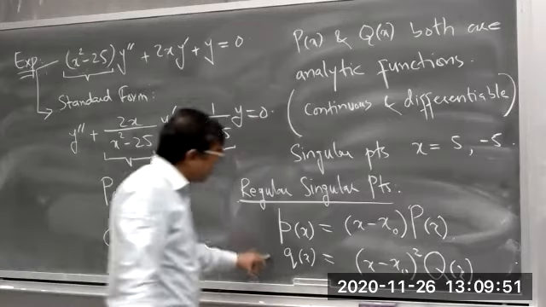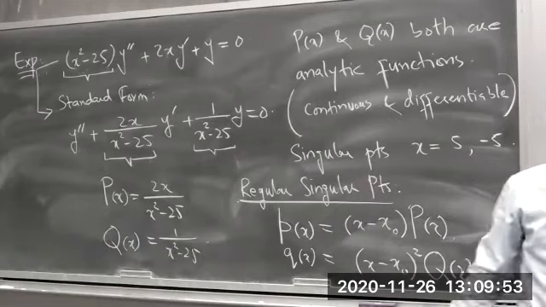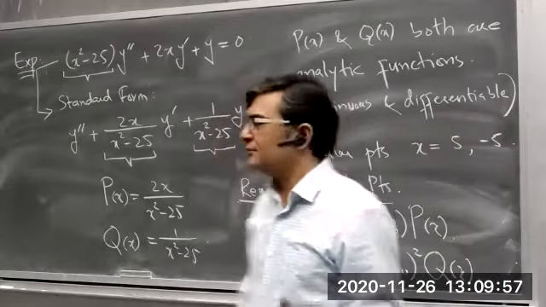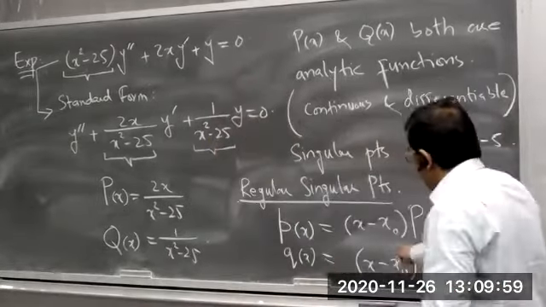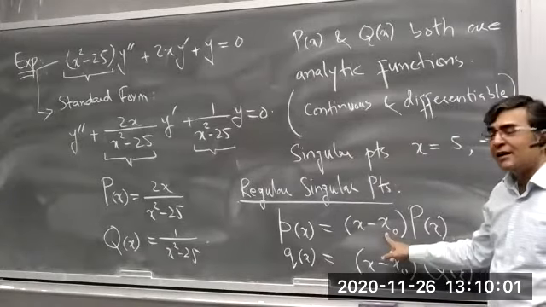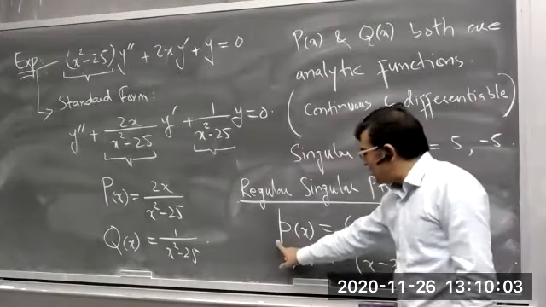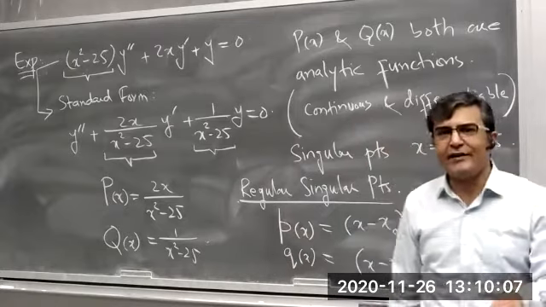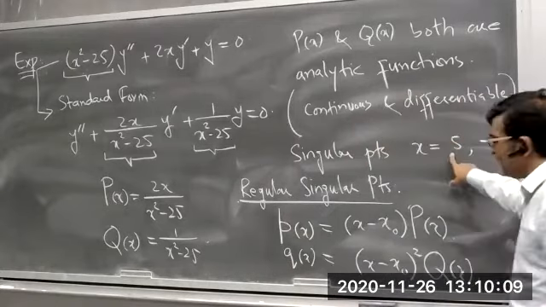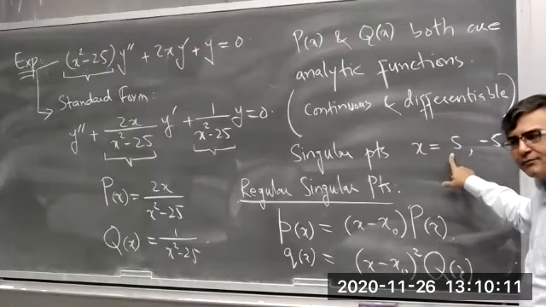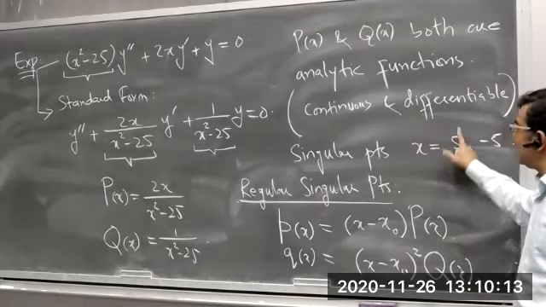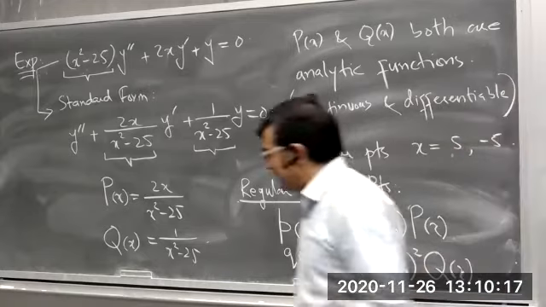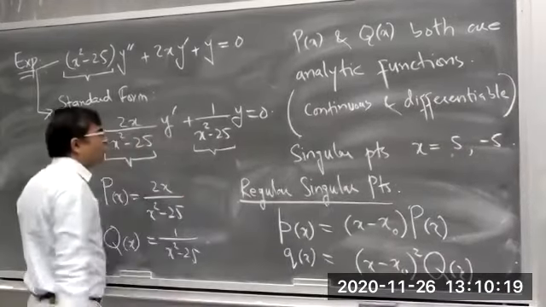If small p of x and small q of x, they are continuous, they are analytic at x naught, which is singular point. If small p of x and small q of x, if these two functions are analytic at this singular point 5, then we say that this x equal to 5 is regular singular point. Okay. How do we check it?